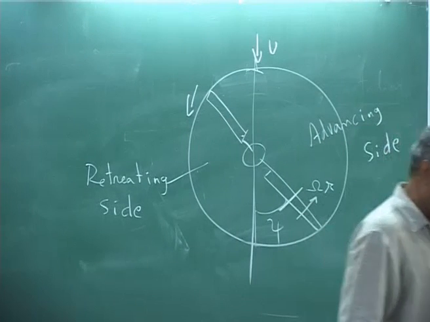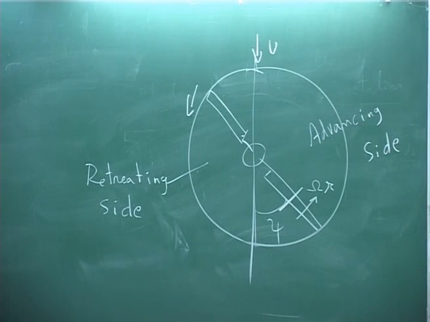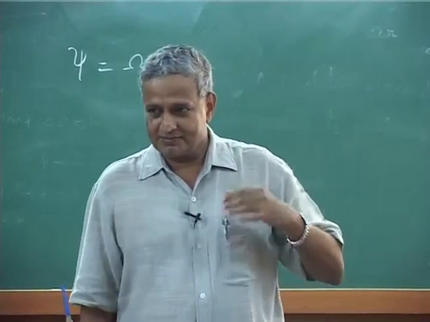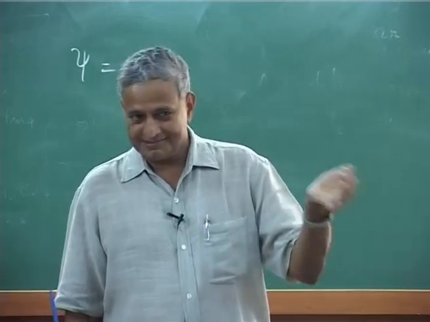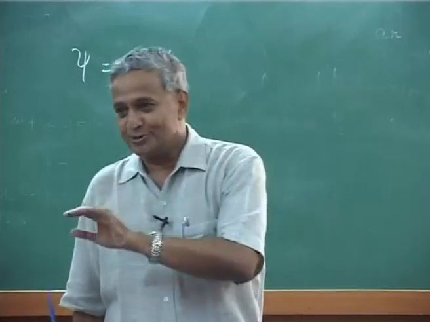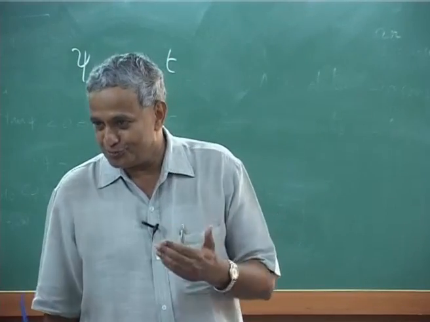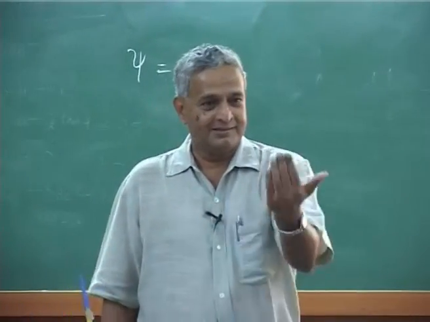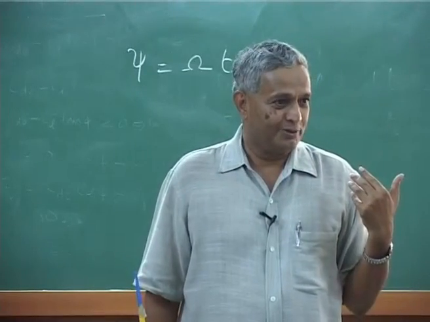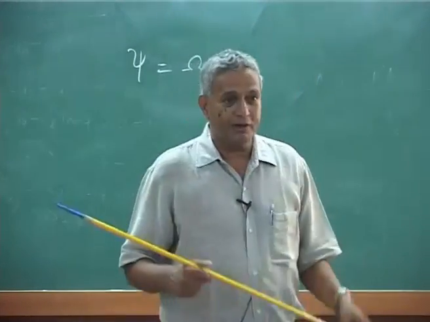So, now in your aerodynamics we have a situation where my oncoming velocity is time varying. This is the first complexity between fixed wing and rotary wing, because you do not do a time varying oncoming flow in fixed wing theory. It is all fixed. Now, what happens because of that?